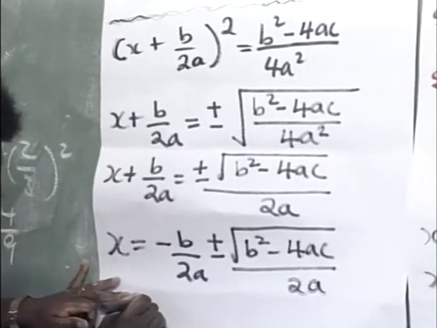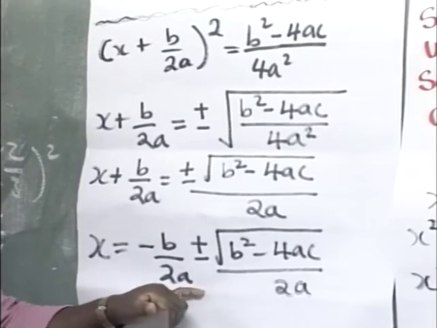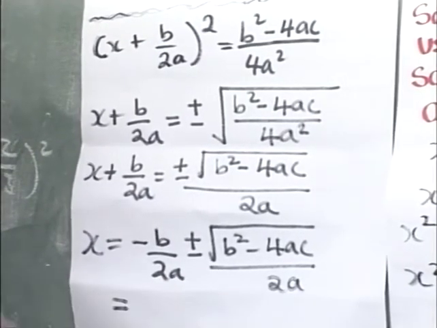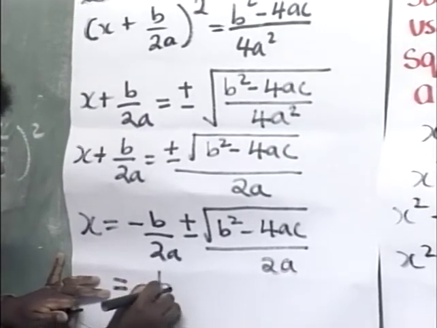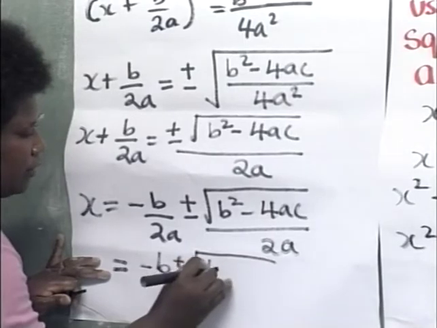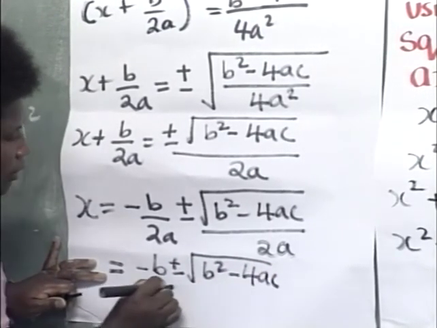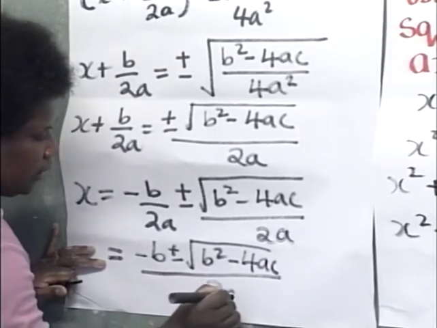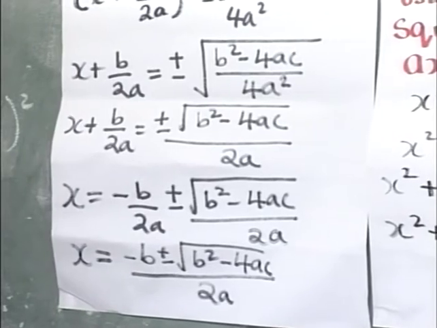One final step. Because both fractions are under the same denominator, I can then say it's minus b plus or minus the square root of b squared minus 4ac all over 2a. And this is what the quadratic formula is.